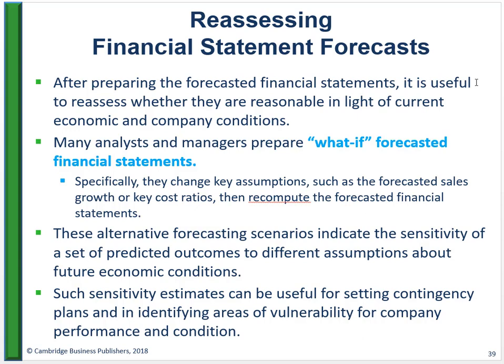Our authors suggest that we do some what-if forecasts. So hypothetically, if our company were to fall on hard times, experience some strategic misstep, or have a failed product launch, what does that look like? What if revenues decline by 5% instead of increasing by the 2% we have in our forecast?